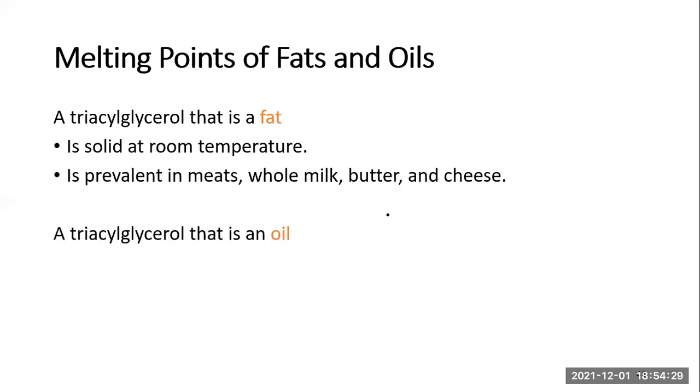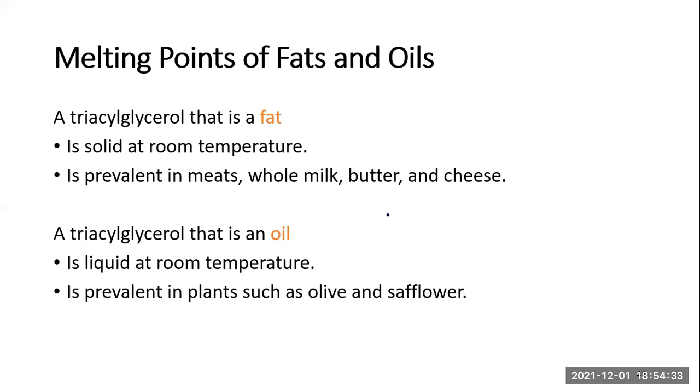So a triacylglycerol that is a fat is a solid at room temperature. That's typically what we see that's prevalent in meats, milk, butter, and cheese. Those would have on the fatty acid part of that triacylglycerol pretty much no double bonds, so they would be saturated.